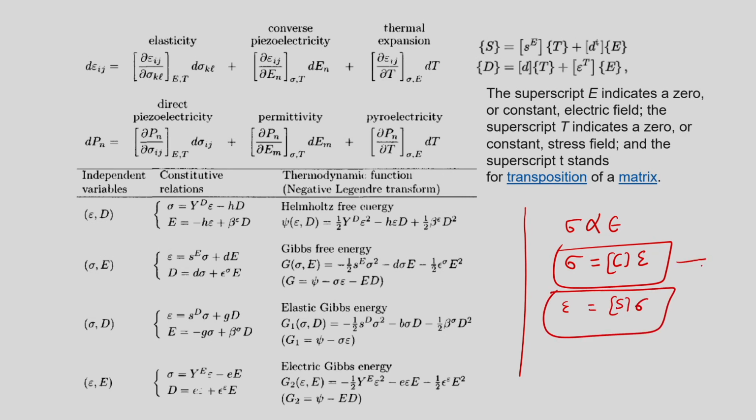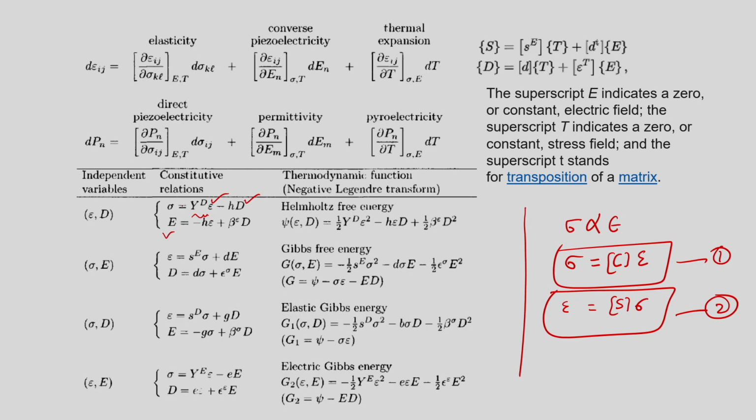This is for only two possibilities available for the case of an elastic material. But now we have four variables. First we say that stresses are expressed in terms of strain and electrical displacement, then electrical field.